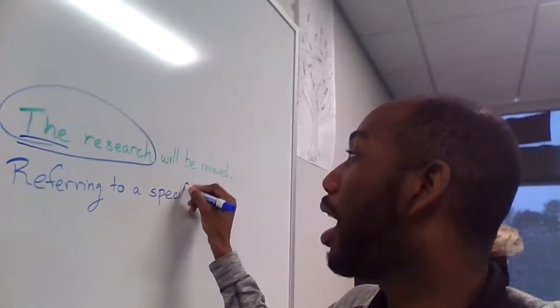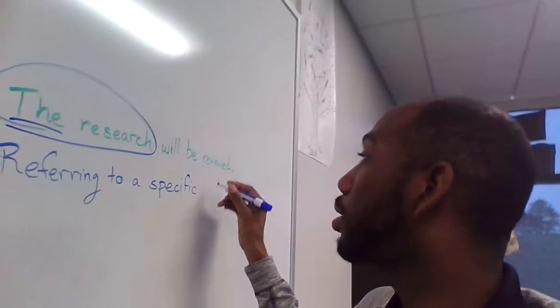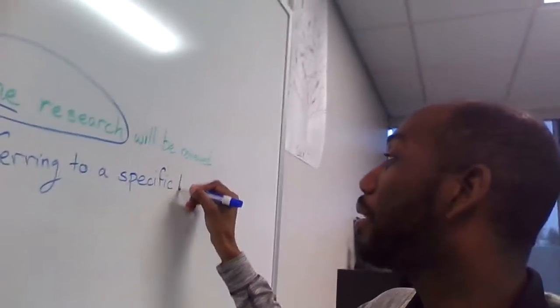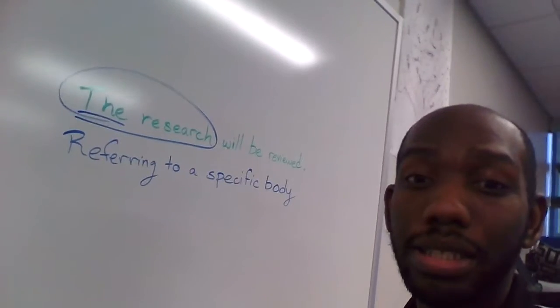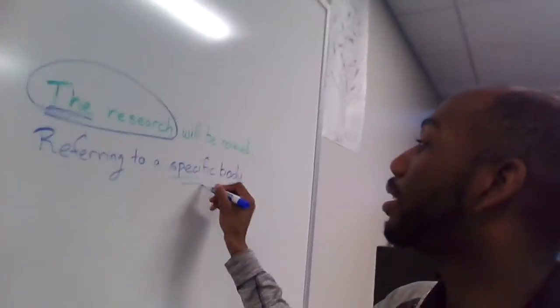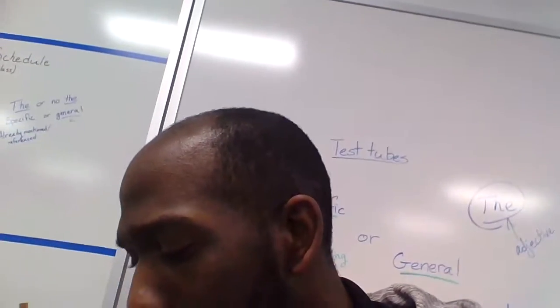I'm talking about some research, not just in general, but something that I referred to before. Yeah, it has to be something that you referred to before, in this case. Okay, so it's specific. Let's try one more, just so we can get this pattern.